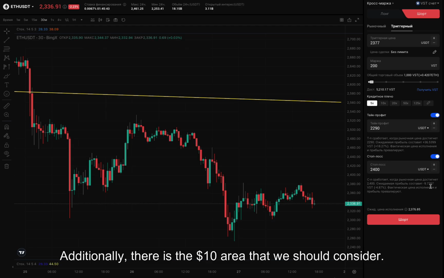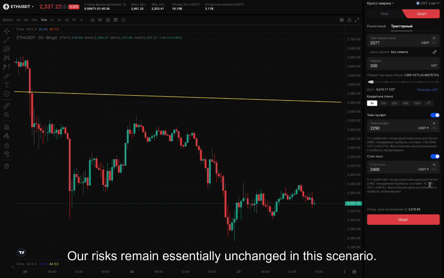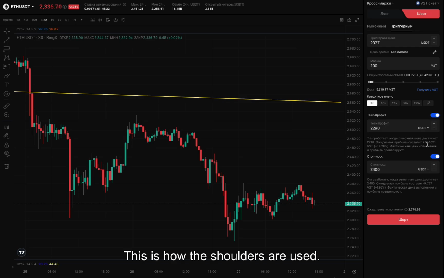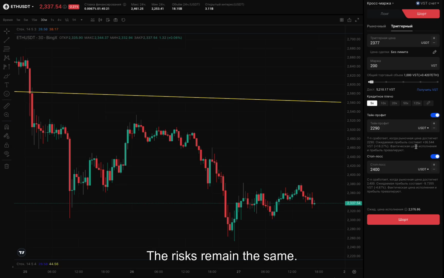Additionally, there is the $10 stop loss that we should consider. Our risks remain essentially unchanged in this scenario. This is how the leverage is used. When risk management is observed, we simply use this leverage to regulate our margin. The risks remain the same.